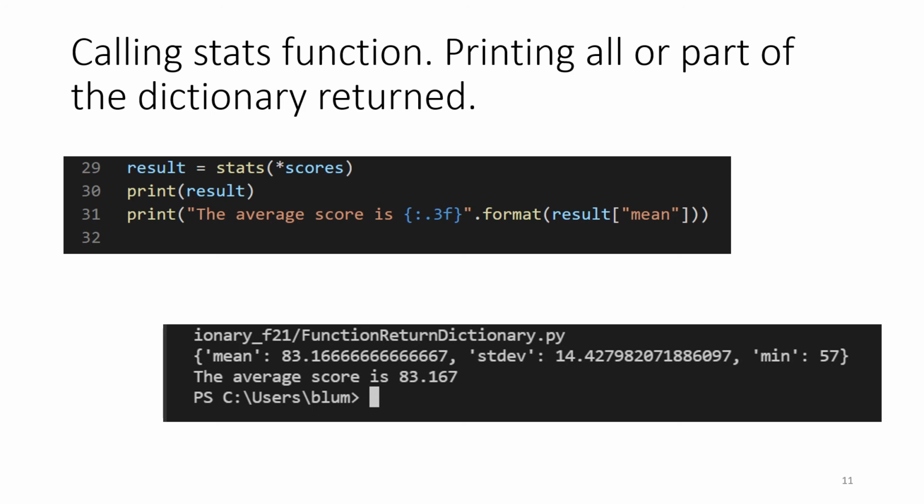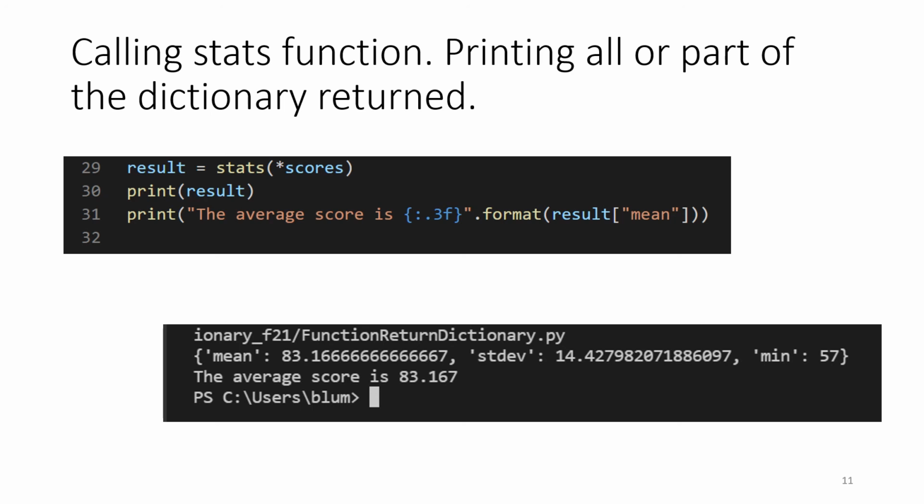And then in 31, we are showing how to access one of the individual key value pairs. So in that print statement, we are saying the average score is, and then we're using this sort of formatting thing. So we're saying curly colon dot 3f.